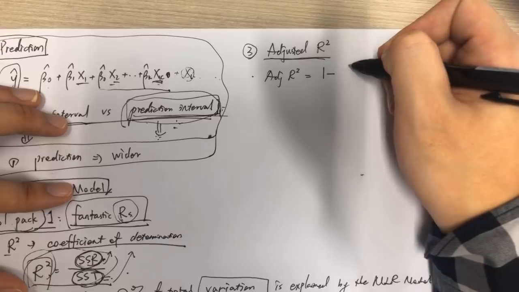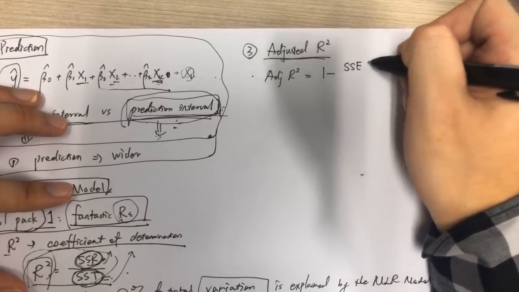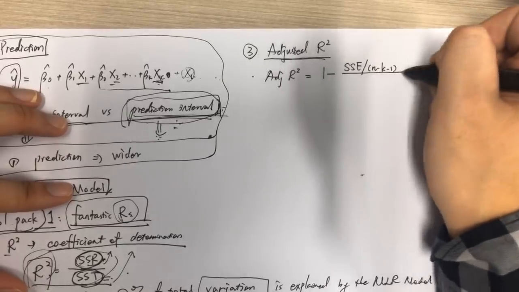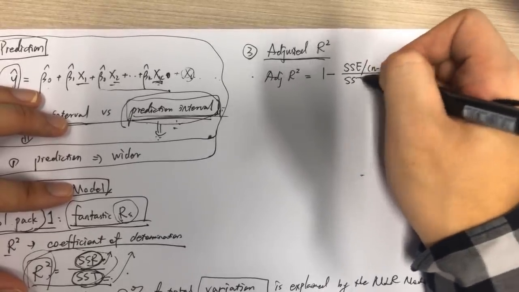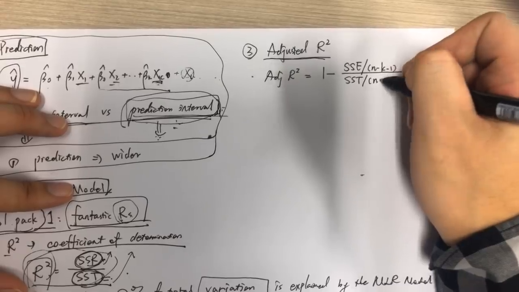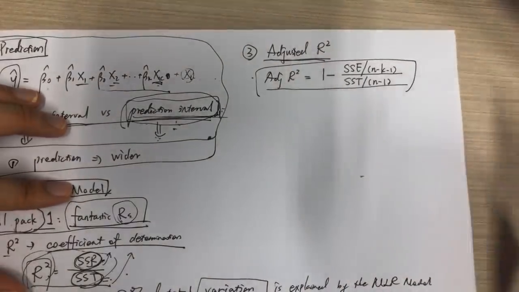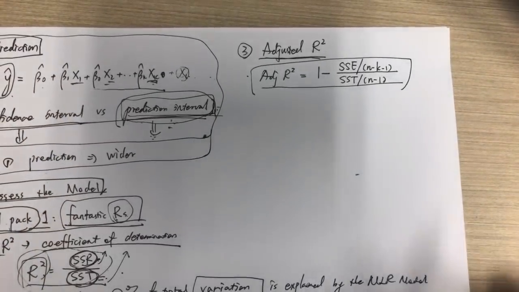Therefore, it is calculated by 1 minus SSE divided by the degree of freedom n minus k minus 1, and then divided by SST divided by its own degree of freedom n minus 1. All right, so this is how we deal with the adjusted R square.